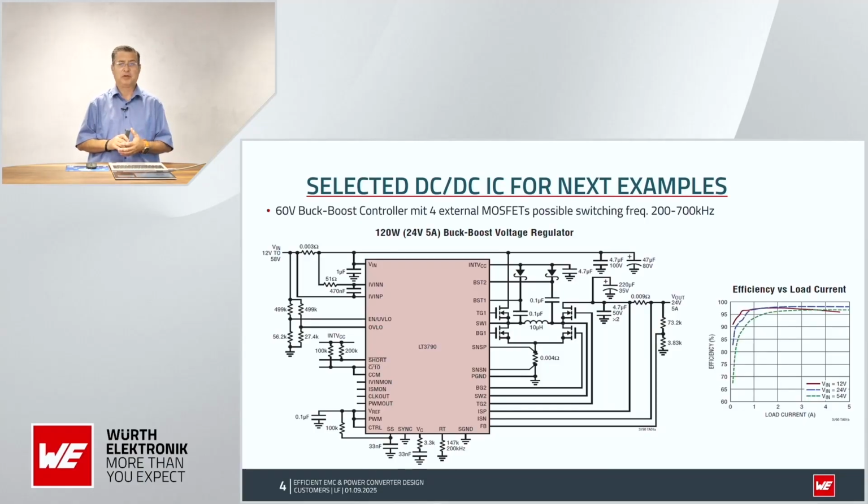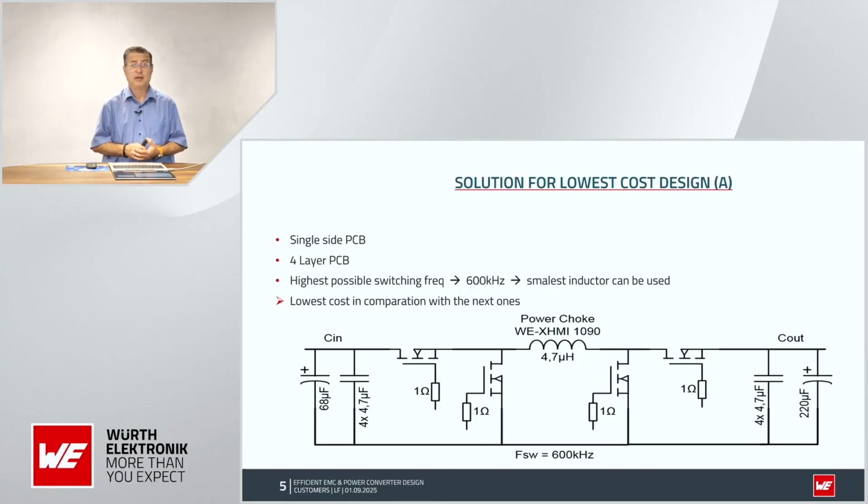We have a request for an input from 12 volt to 24 volt, and we need 20 volt and 5 amp output. So it looks like this IC will be a good solution. The next step, I will start to design with a low-cost version.